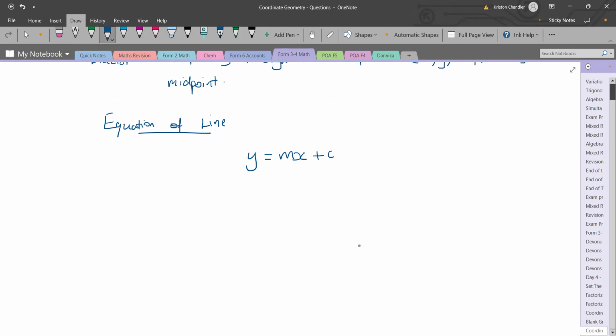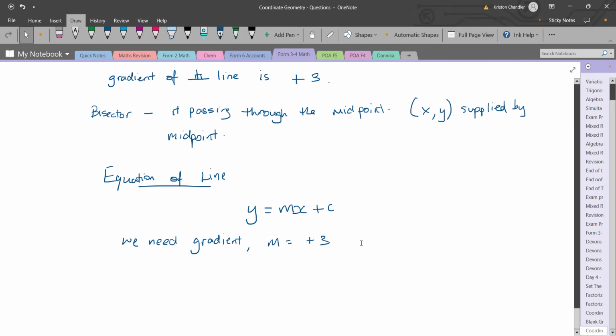To use this formula, we need the gradient, right? And that gradient is going to be positive 3 as you worked out on top of here. And we need a point to provide x and y values.